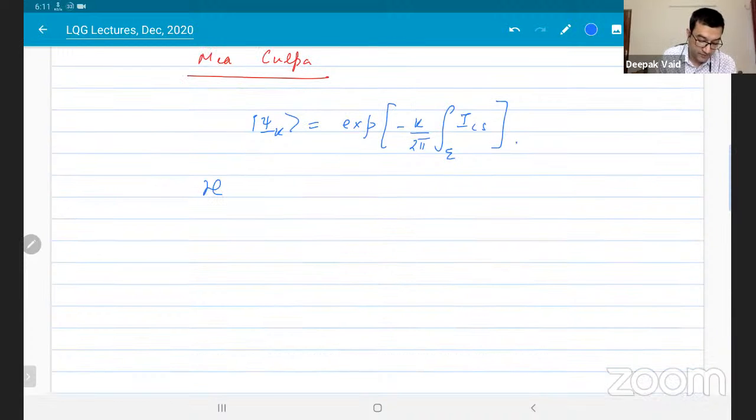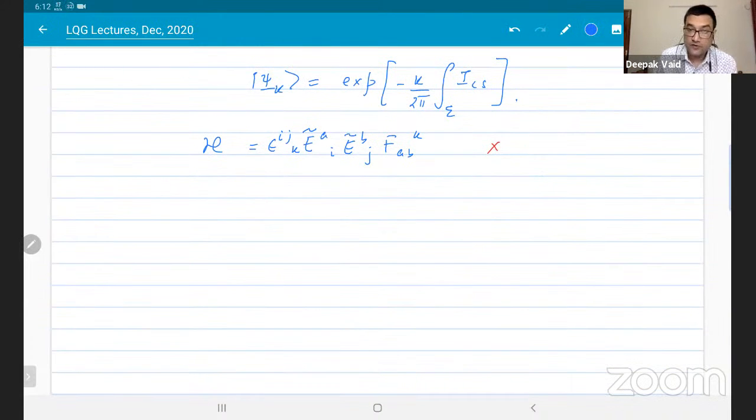Then I said that you have the Hamiltonian constraint, which looks like E^A_I E^B_J F^K_AB epsilon^IJK. I said this solves the Hamiltonian constraint, and I was wrong. I am truly sorry about that, because I had forgotten one very important aspect: it solves the Hamiltonian constraint in the presence of a cosmological term.